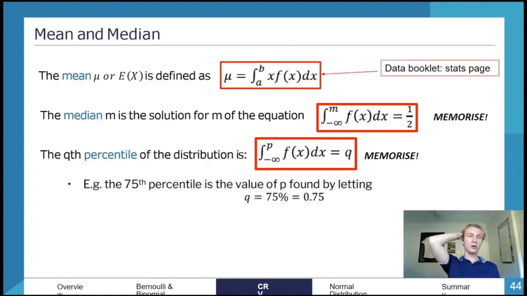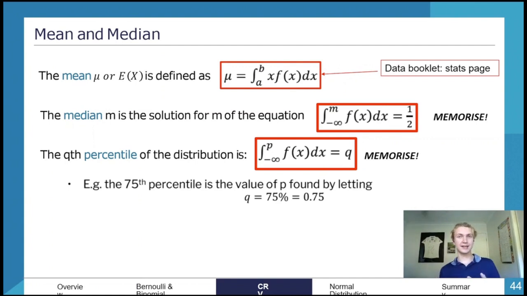Okay, now we're looking for the mean and median of a continuous random variable. As I said before, the mean is the integral between the lower and upper bounds of x times f of x, and the variance is the same, except instead of x we have x minus mu, the mean, squared, times the probability density function.